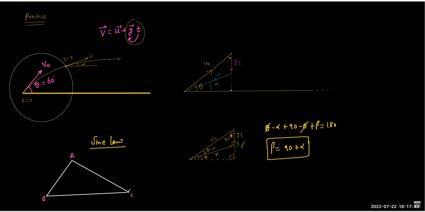But because I need to use it right away, I'll tell you how to use it. The side opposite to the vertex A is called capital A. The side opposite to the vertex B is called small b, and small c. This is called angle A, this is called angle B, this is called angle C. Now what does sine law say? The side upon the sine of the angle, the ratio remains constant.